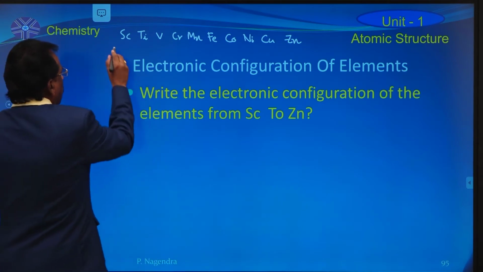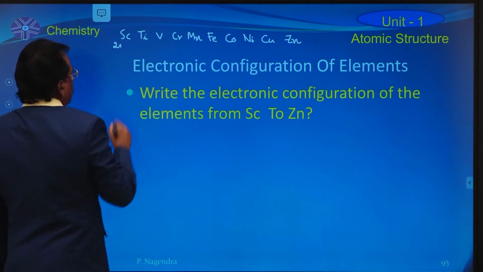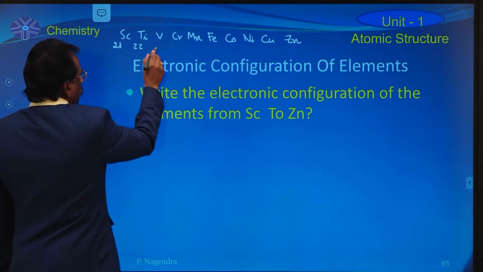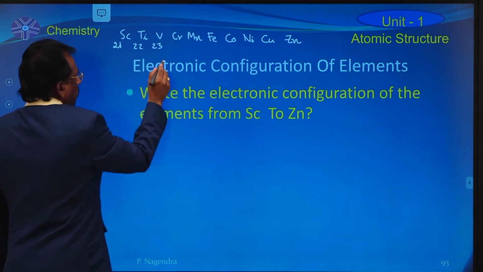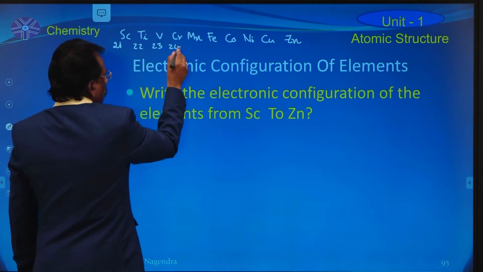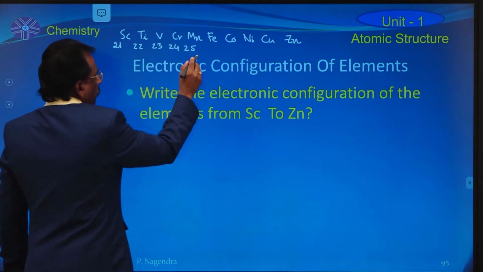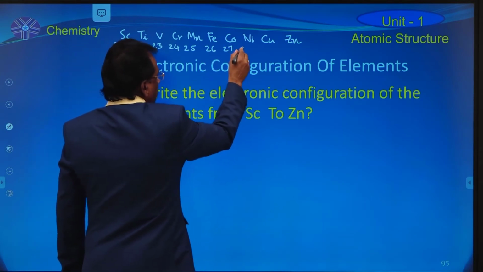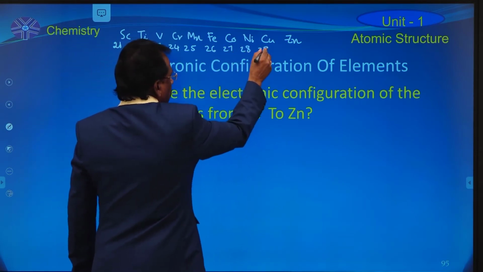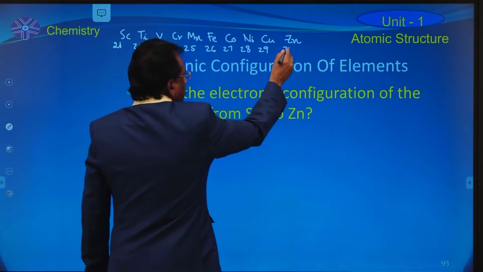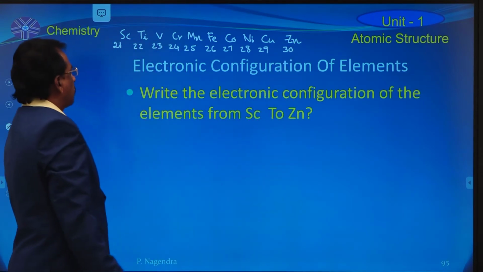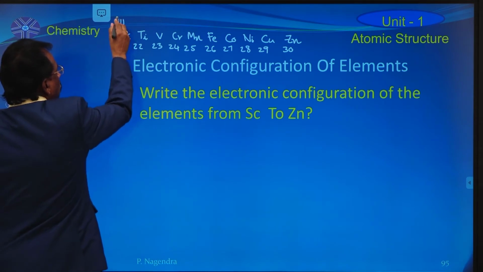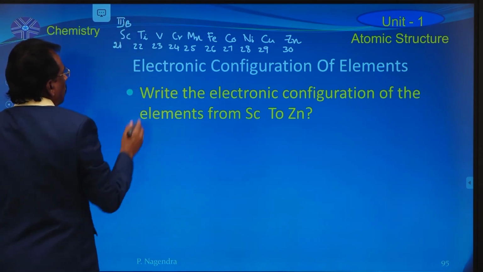Scandium, atomic number is 21. This is 22, 23, 24, 25, 26, 27, 28, 29 and zinc atomic number is 30. And scandium belongs to the third B group in the periodic table.